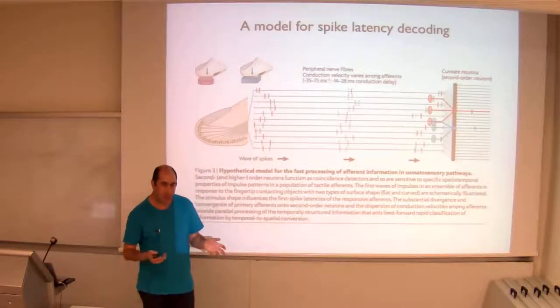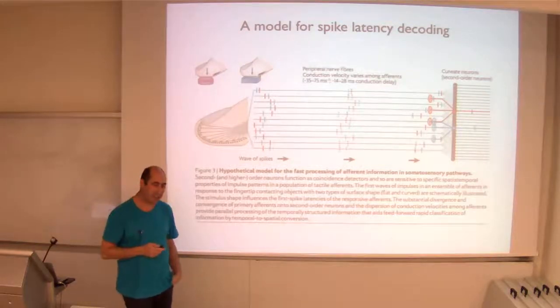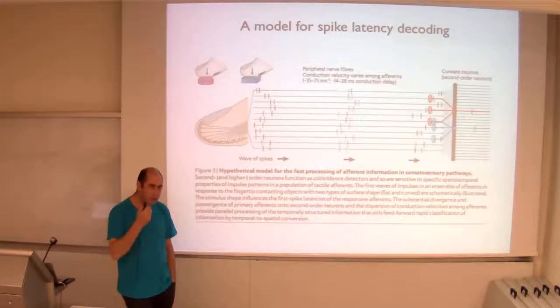We use it, but it's difficult for us to access the very basic elements, which I think in vision is a little bit easier. But it's true also in other senses as well.